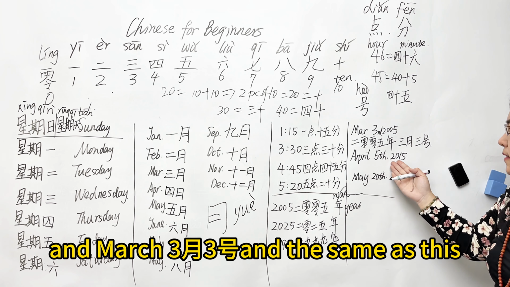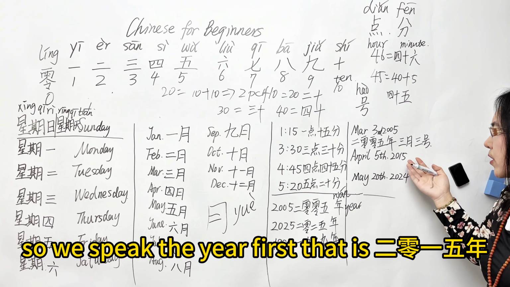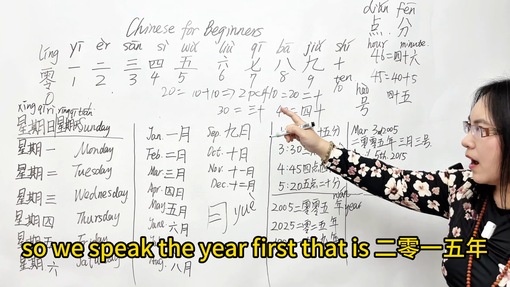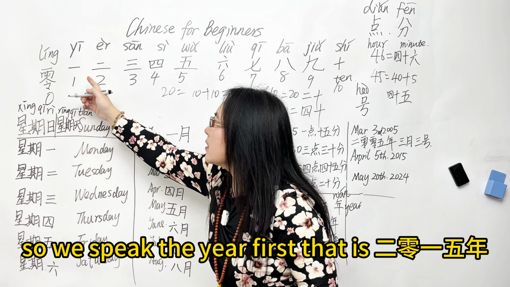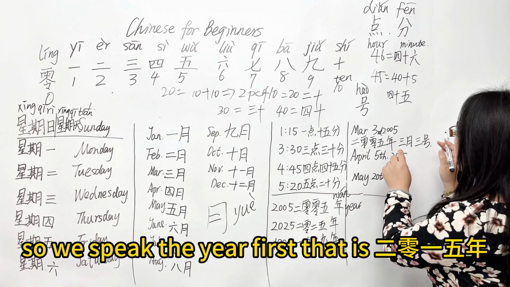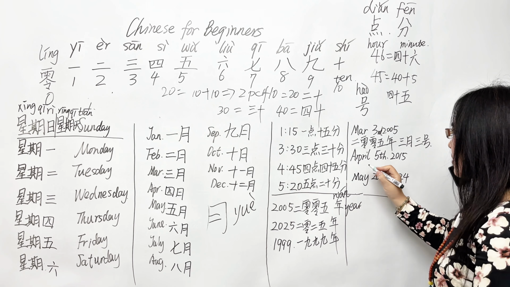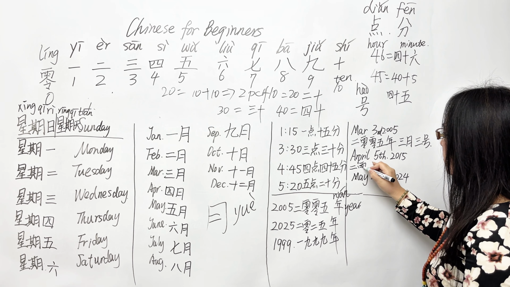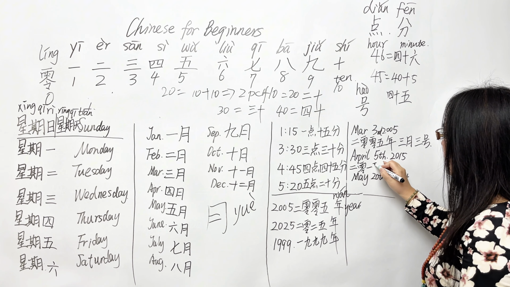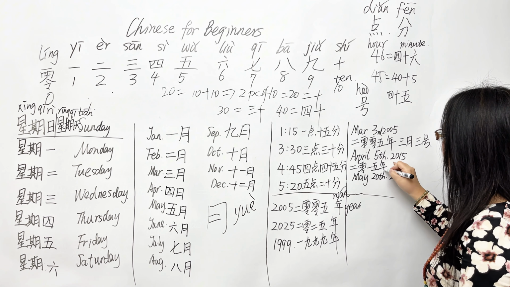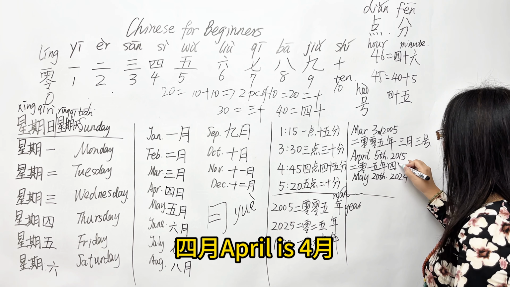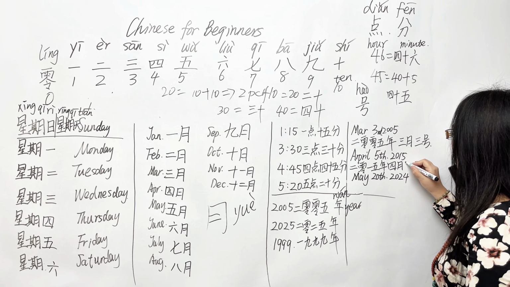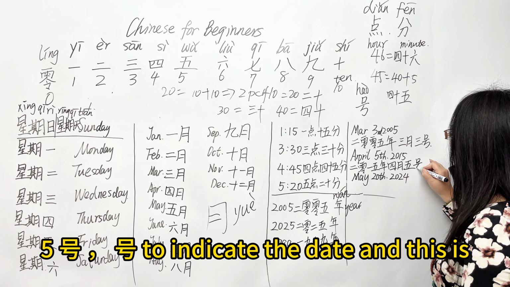The same as this, we speak the year first, that is 2015年, 2015年4月, April is 4月5号.